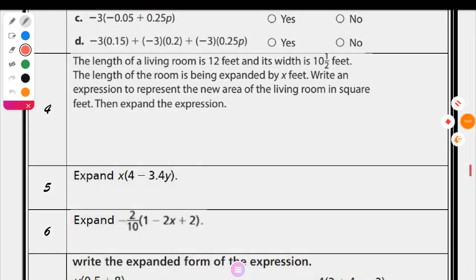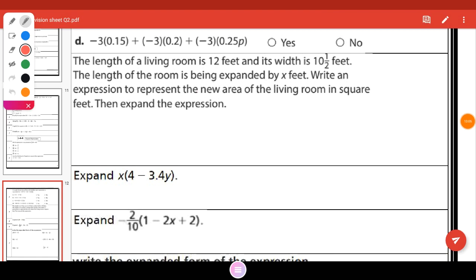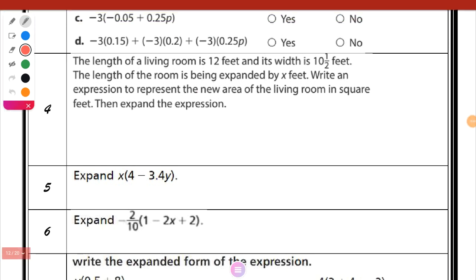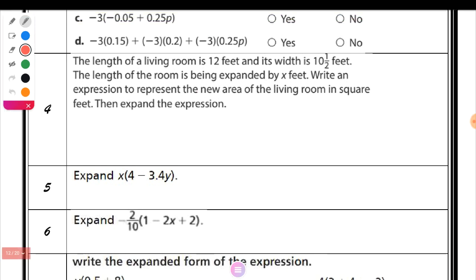Question number 4. Okay, before we start solving this question, I have to know something. What is the area of a living room in the shape of maybe square or rectangle. Anyway, it's 4-sided. And the area of 4-sided, base times height or length times width. If I consider it as rectangle, the area equal length multiply width.